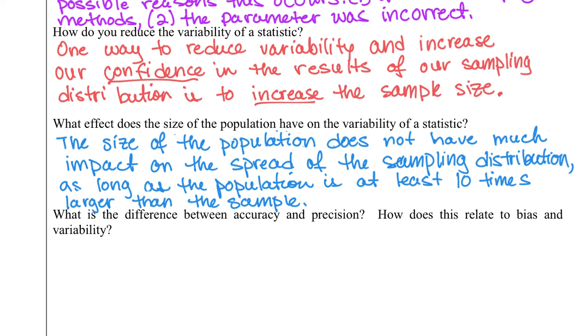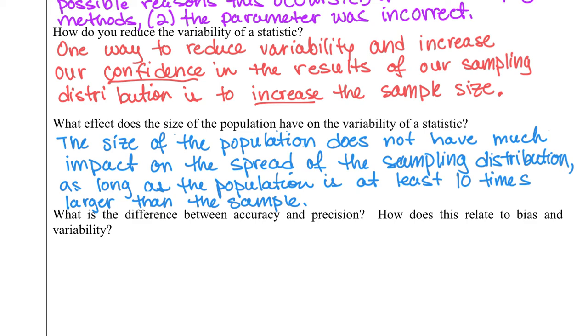I'm changing my independence and my fixed probabilities, and that is not good. So it's kind of counterintuitive. We want to take a large sample, but we only want it to be a tenth or less of our actual population. So there's kind of a sweet spot right at 10% of our population, but we don't want to go past that because it is going to mess up some of our measurements.